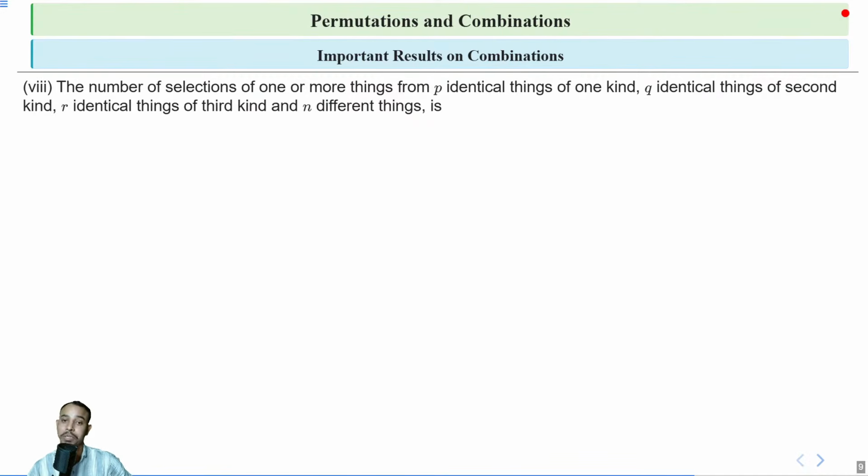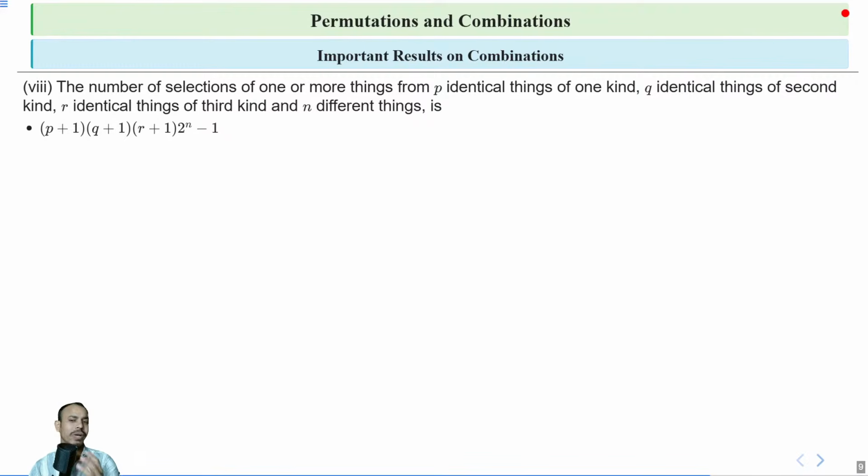How many selections will you get? The number of selections of one or more things from p identical things of one kind, q identical things of second kind, r identical things of third kind, and n different things is p plus 1 times q plus 1 times r plus 1 times 2 to the power n minus 1.